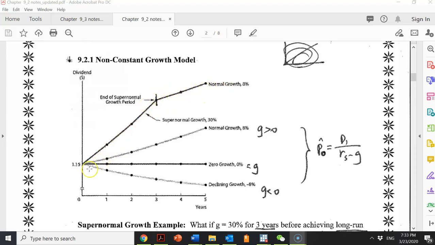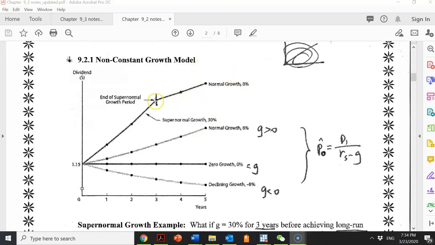Okay, two-stage model. In the first stage, it's usually supernormal growth. It can be as large as a 30% growth rate, G. In the second stage, the firm becomes more stable and mature, and the growth rate could be just a normal growth of 8%. So in the second stage, we can still use what we learned from the constant growth model setting to calculate the discounted value of the dividends.